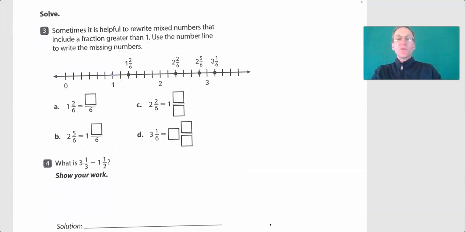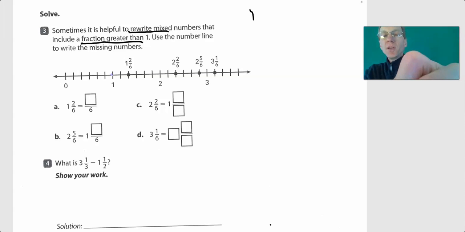Okay, so here we go. Sometimes it is helpful to rewrite mixed numbers to include a fraction greater than 1. Use the number line to write the missing numbers. For example, we just did that. In that example up there, we had 1 1/5 minus 9/10, and we changed it to 1 2/10.